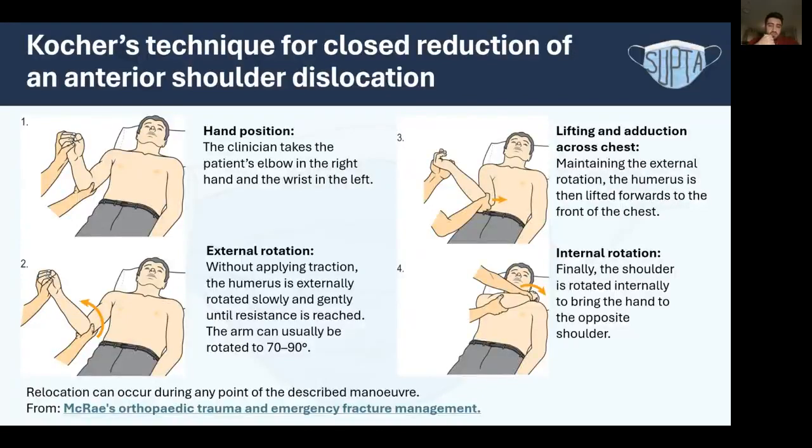After you've applied the external rotation for about 70 to 90 degrees, ask the patient if they're feeling resistance. You ask them to relax as well. And then you try to move the arm a bit anteriorly and lift it off the patient's chest.